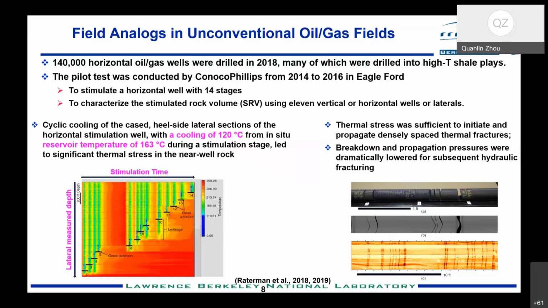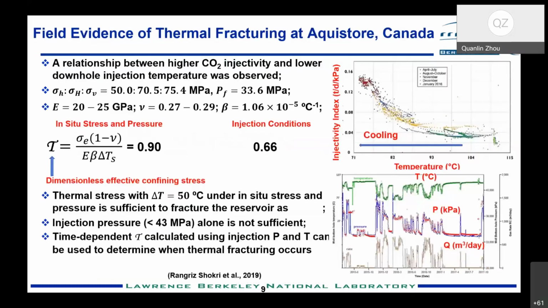Now switch to CCS. Most recently, field evidence of thermal fracturing from CO2 storage sites has been reported. At Aquistore, CO2 injectivity increases with cooling, as shown in the top figure.